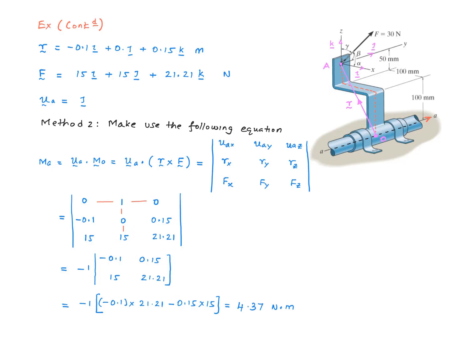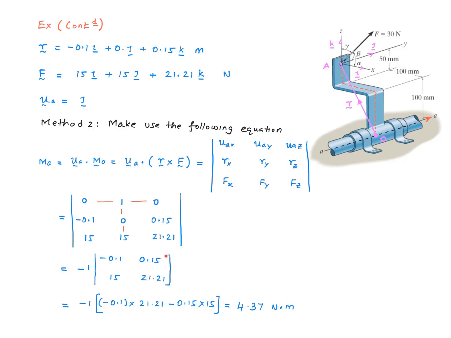If you recall, we start the second term with a negative sign, so the second term is basically minus 1 multiplied by the leftover numbers, which are minus 0.1, 0.15, 15, and 21.21, right? So you go ahead and expand that like we normally do, and we get 4.37 Newton meter for the moment, which is exactly the same as what we got by method number 1.